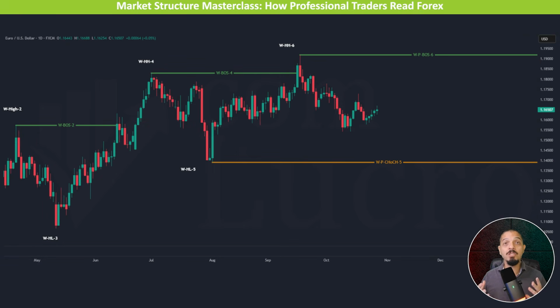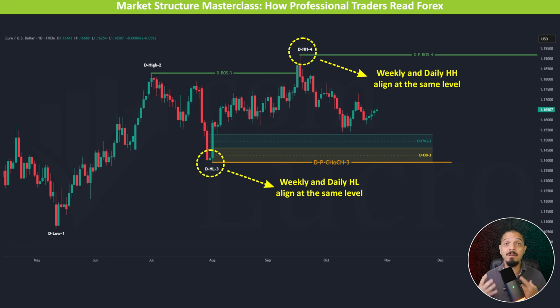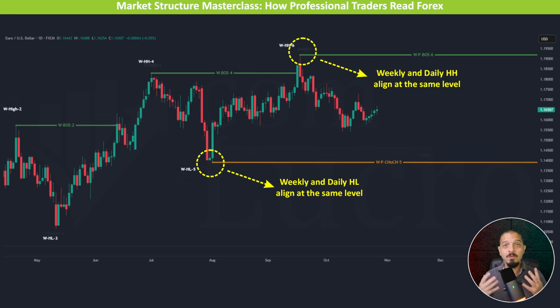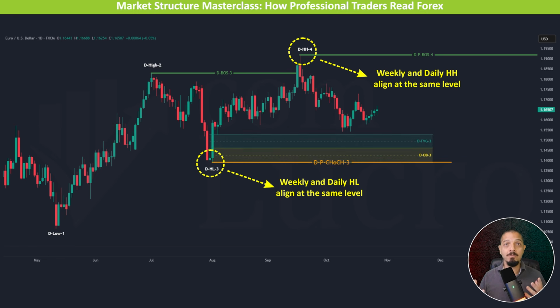Now, when we shift from the weekly perspective down to the daily chart, something very interesting becomes visible. The structural levels between these two timeframes begin to align with each other. In other words, the weekly structure and the daily structure are interacting at the same price levels. For example, the level labeled weekly higher low 5 corresponds to the same price point as daily higher low 3.